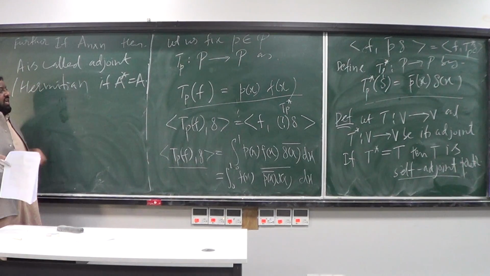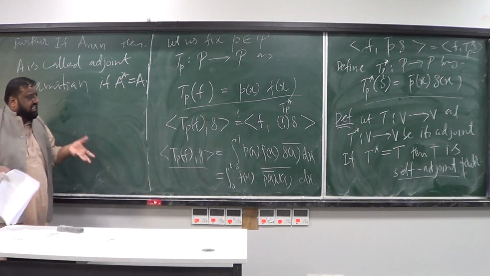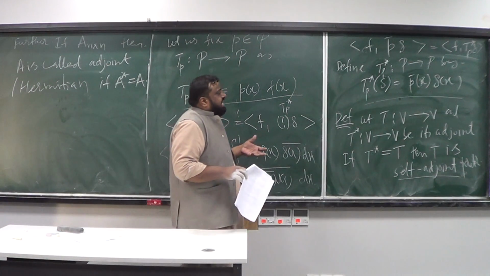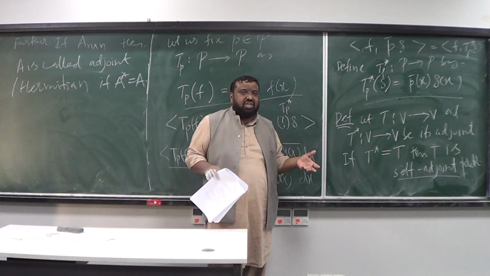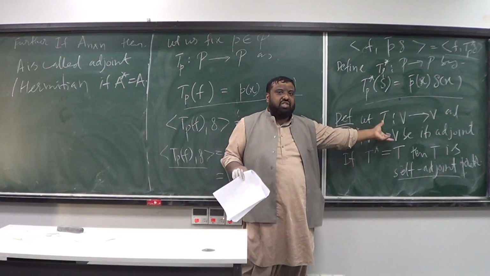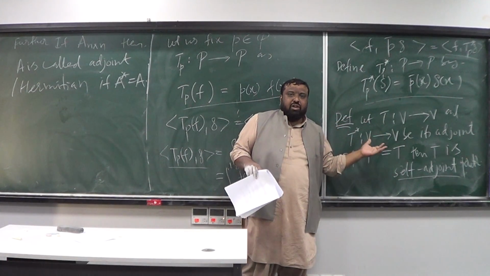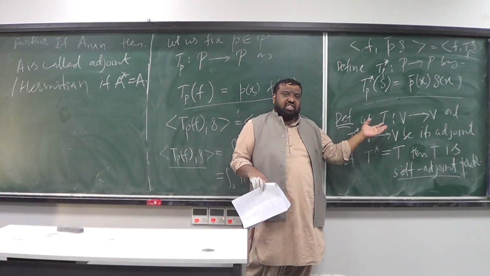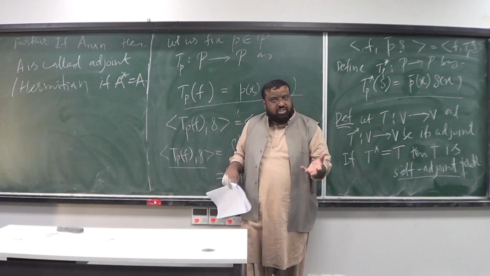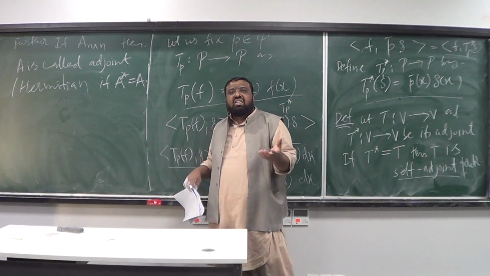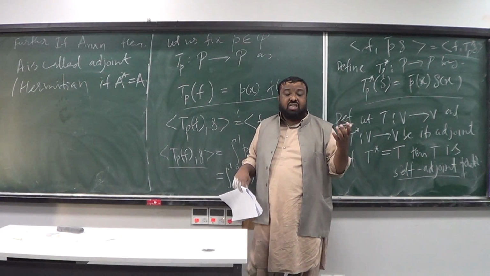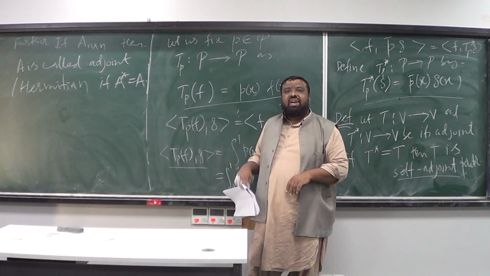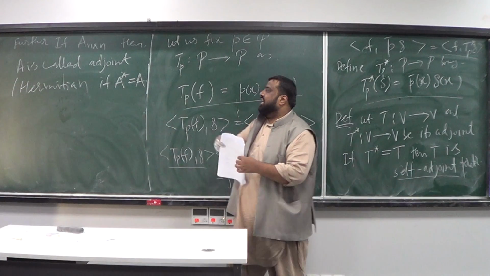Another way to know whether a linear transformation is self-adjoint is this: if you are in the finite dimensional case, take the linear transformation and construct its corresponding matrix representation.